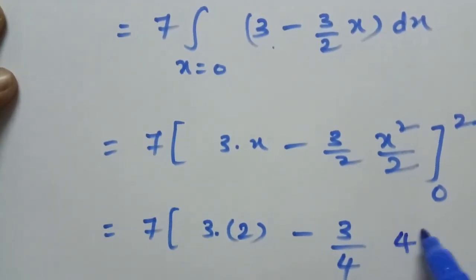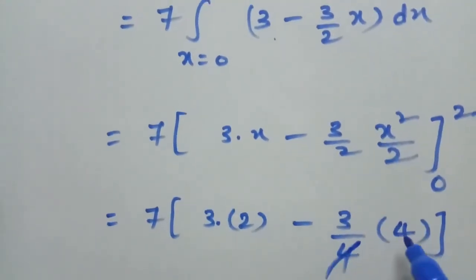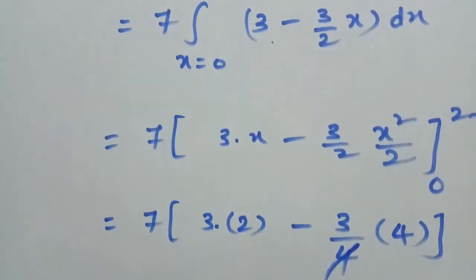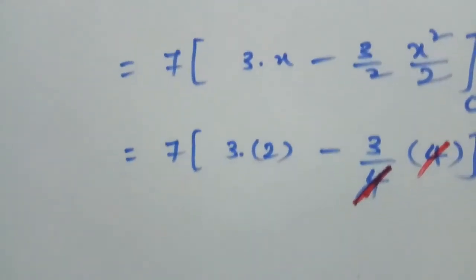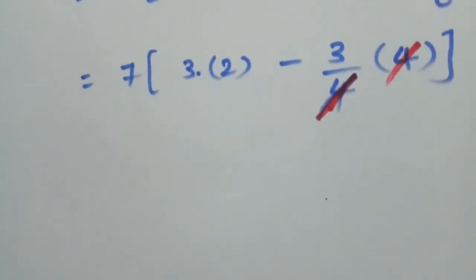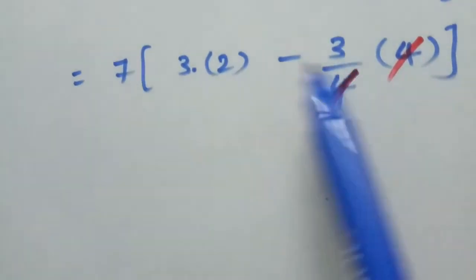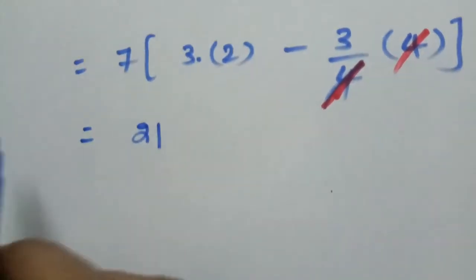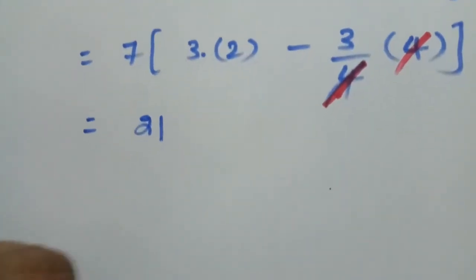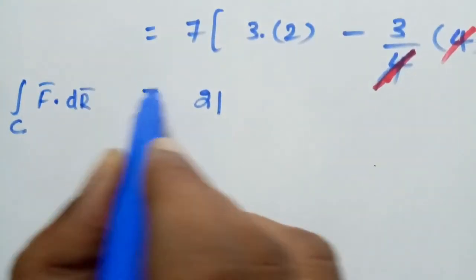Here 4 gets cancelled. Therefore, that is 7 into (6 minus 3), 3. 7 into 3, 21. So the integral of f bar dot dr bar over C is equal to 21.